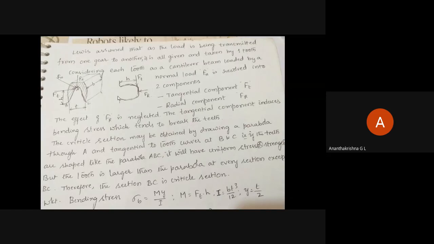Now this is the gear tooth diagram that we have taken. b is the face width, and the load acting on this gear tooth is the normal load Fn. This normal load Fn has two components: a radial component Fr and a tangential component Ft.